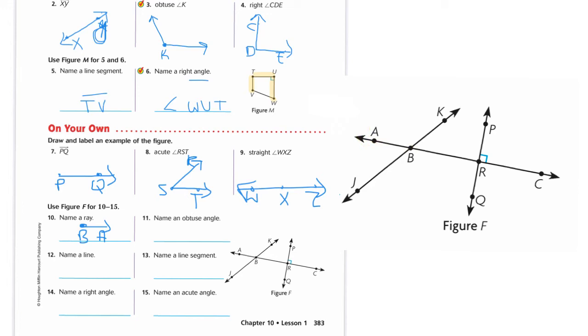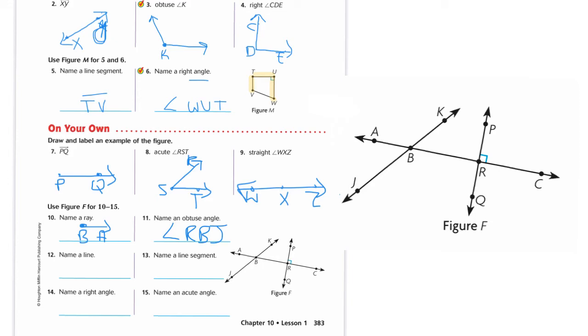For my obtuse angle, what jumps out at me here is R, B, J. So I want to put angle R, B, and then J. Or it could be JBR, whichever way you're looking at it. Let me clear this. I'm going to clear it each time so we don't get mixed up.